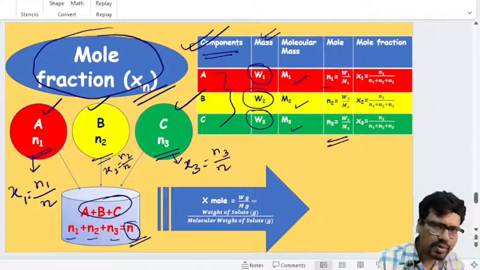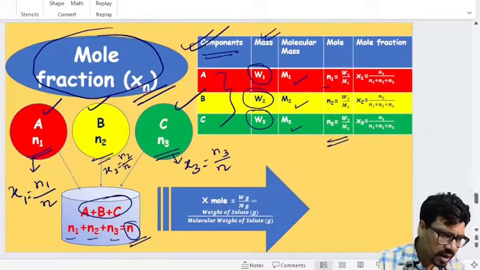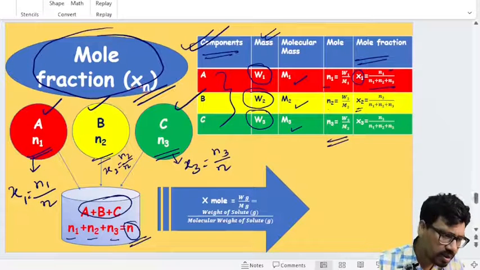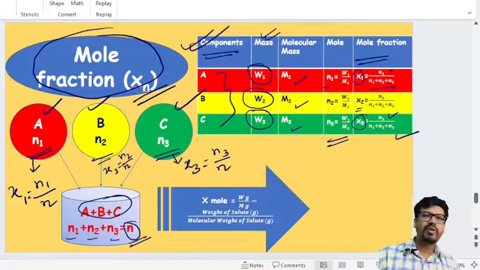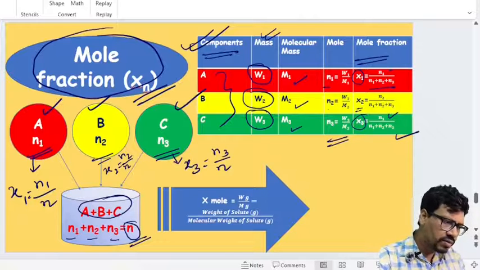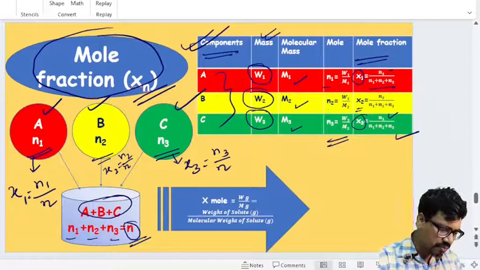We get the individual number of moles. Now the mole fraction: x1 for component A is n1 by total mole, x2 for B is n2 by n1 plus n2 plus n3, the total mole, and for C, x3 is n3 by total mole. So this is the mole fraction, also a very important concentration term.